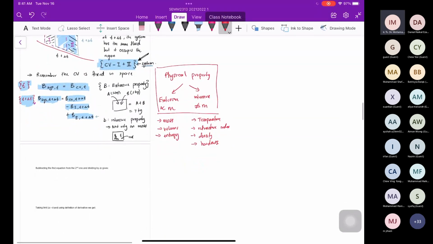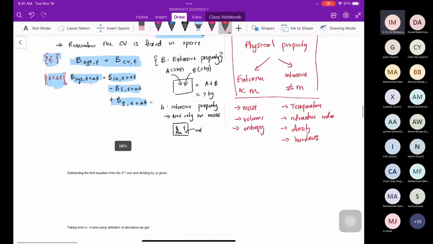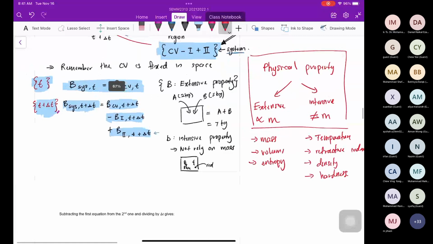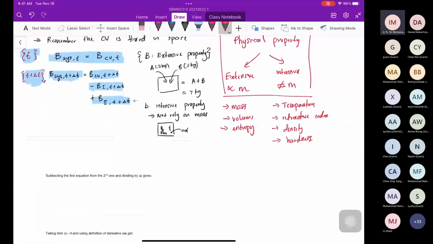So based on time t and time t plus delta t, subtract the first equation from the second one and divide by delta t.